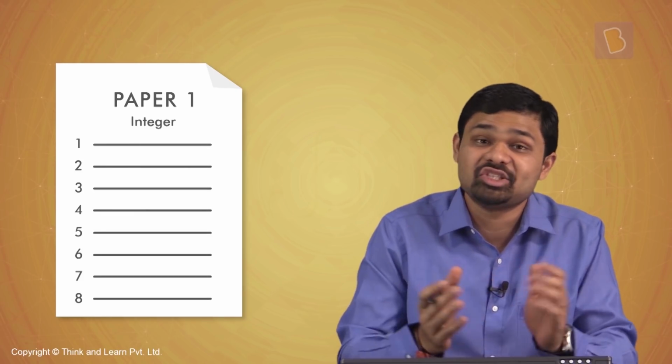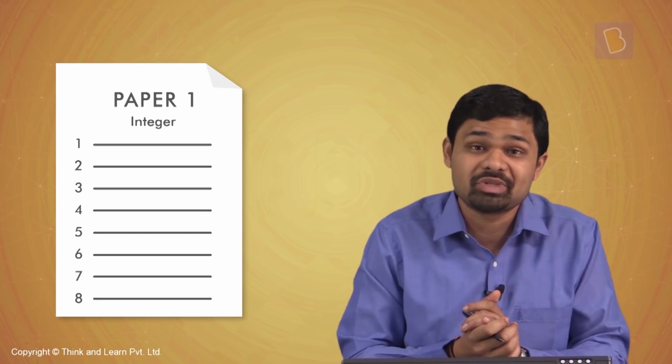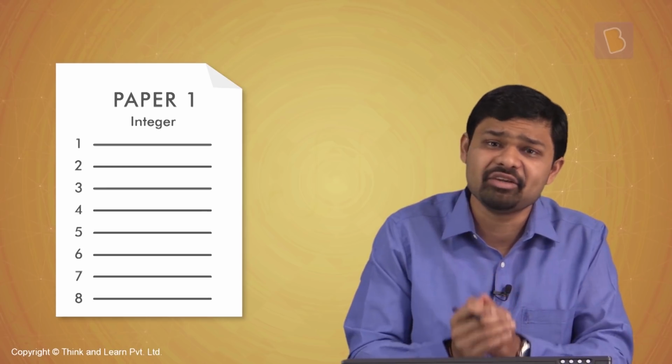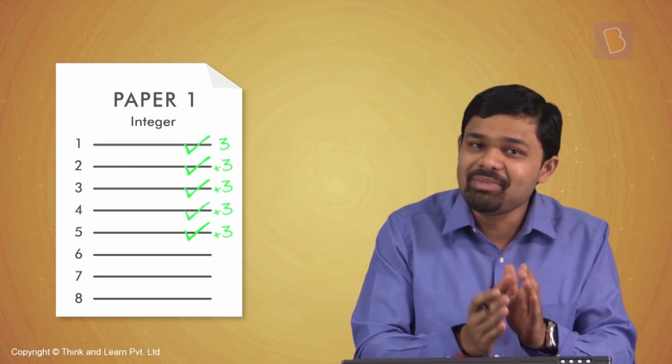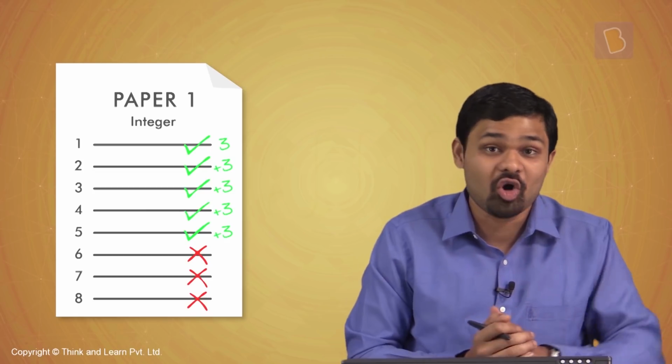Then there were numerical kind of questions for which you had to input a numeric as the right answer. A numeric up to 2 correct decimal points was what was instructed in the question paper. Now there were 8 different kinds of numerical questions in both paper 1 and paper 2, and these questions carried 3 marks for each correct answer and no negative marks for wrong answers.